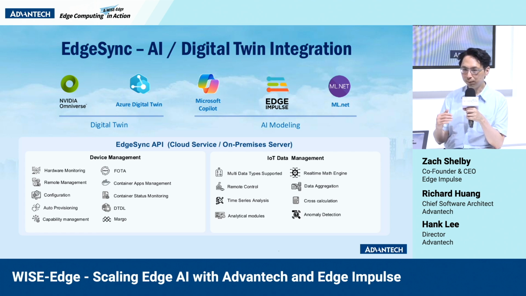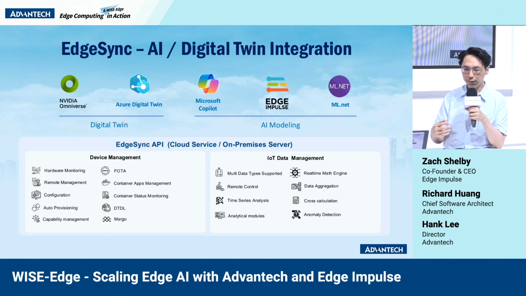So we pre-process all the data on our platform and make sure all the data are ready to fit into an AI modeling system, just like Edge Impulse. And after that, the trained model can be deployed and pushed to the front-end devices.